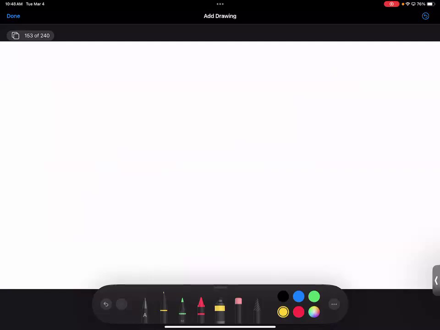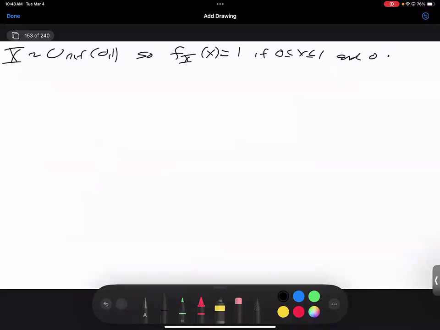So now, let's continue. We have X is uniform on 0, 1. So the density of X is 1 if x is between 0 and 1 and 0 otherwise.